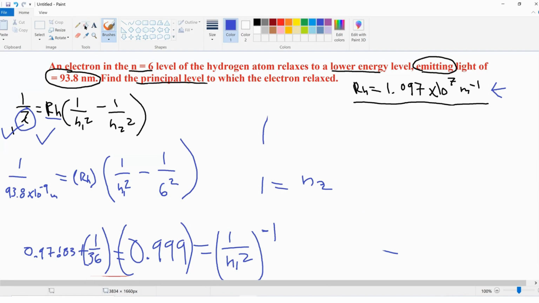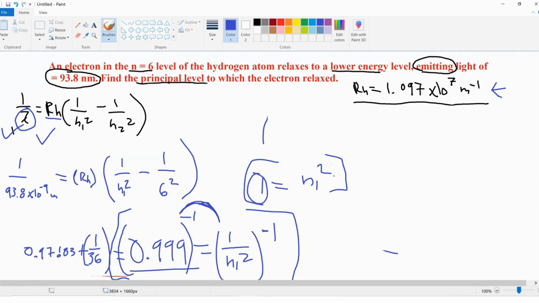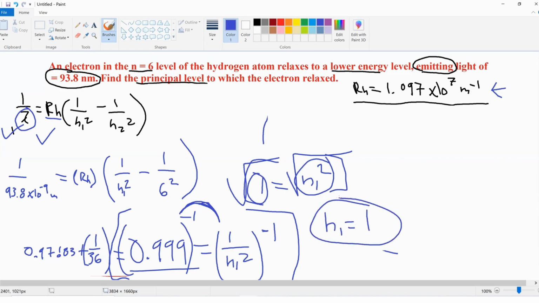I mean, my bad. Sorry about that. That is actually n1 squared. So if you're following along, I took the inverse of both of these, and on this one I got 1. On this one I got n1 squared. The last thing we have to do here is the square root, but we know that n1 equals 1, because it's just 1. And that is the final answer.